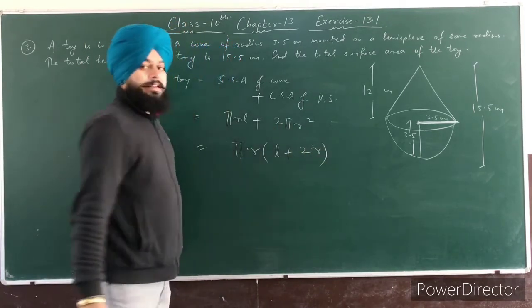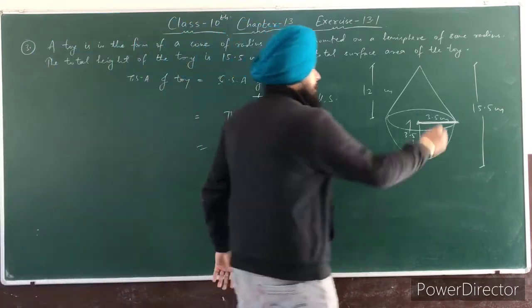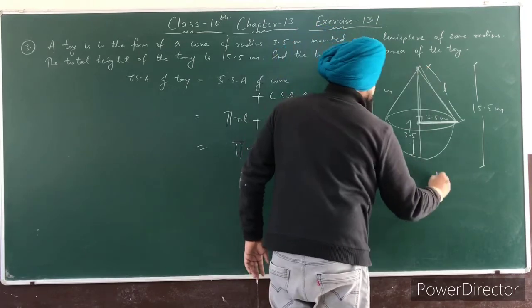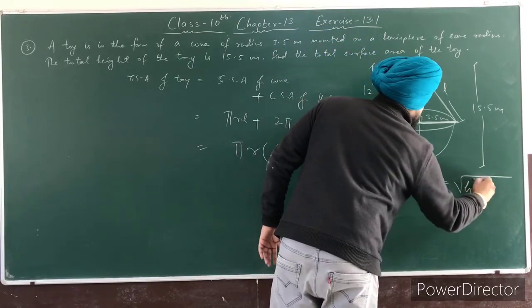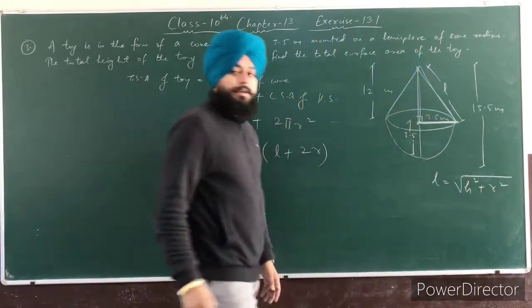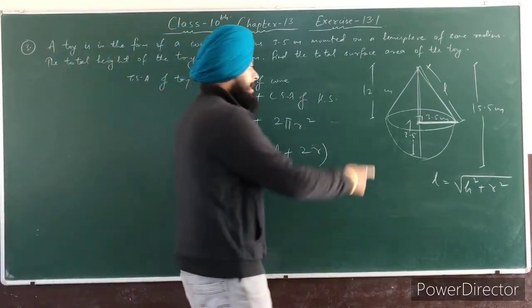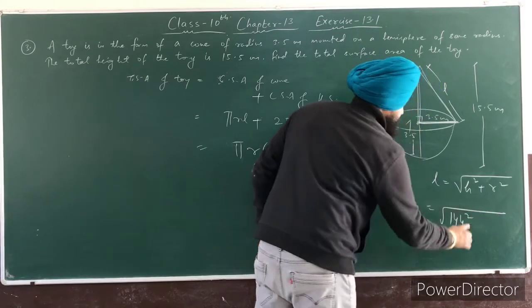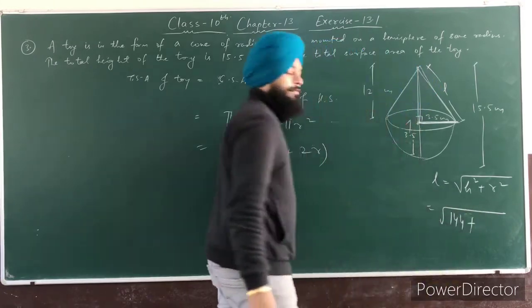So what is l? l is the slant height of this cone, which is not given. So we can find this l, and the formula of l is under root h square plus r square. h is the height of cone, that is 12. Height is 12, so 12 square is 144.